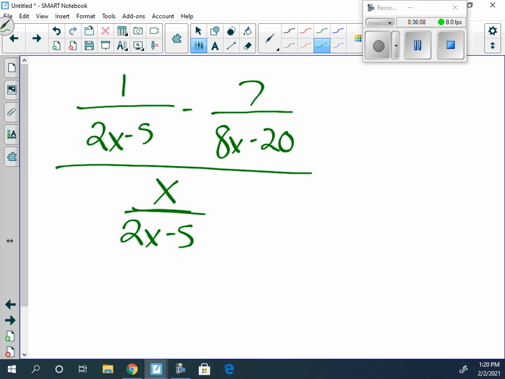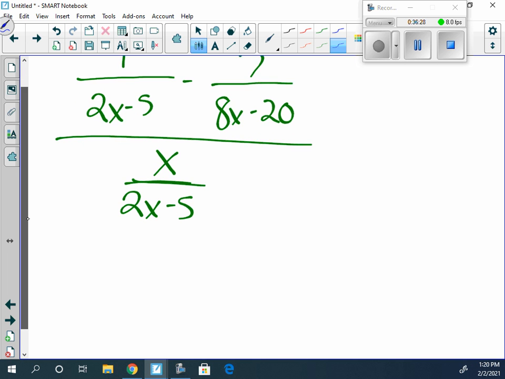7.42, problem number 3. So this one here is tricky a little bit, because of the 8x minus 20. Because we could multiply top and bottom by 8x minus 20 and 2x minus 5, but we don't have to.